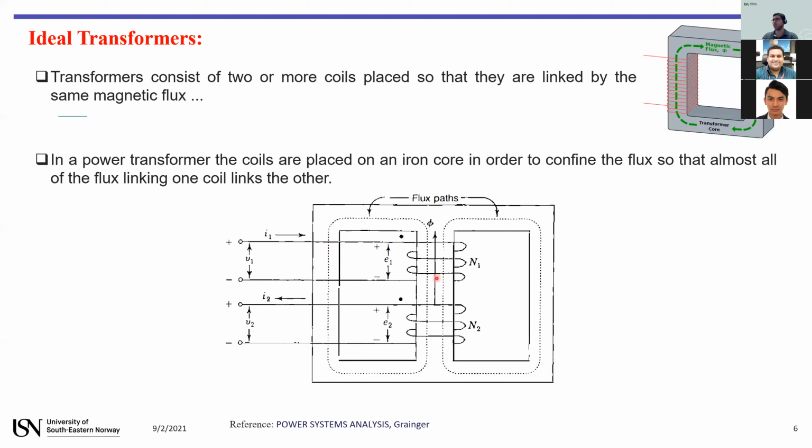That's why we use the iron core. So in the ideal transformer, almost all the flux linking one coil, the same flux passes through the other coil. So in the ideal case, we don't have any leakage.